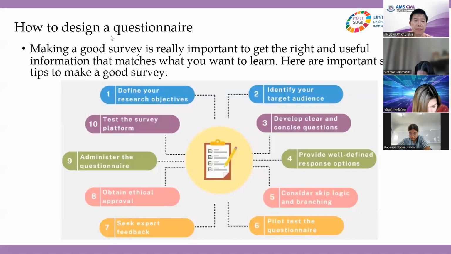Okay, how to design? The design has 6 steps.